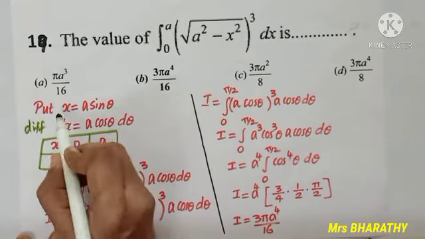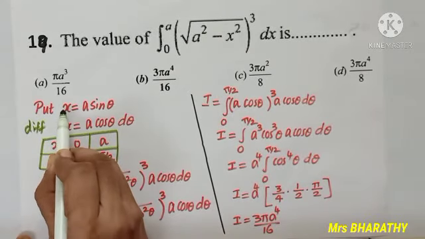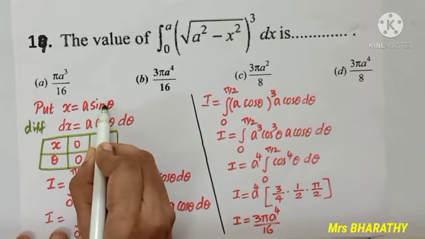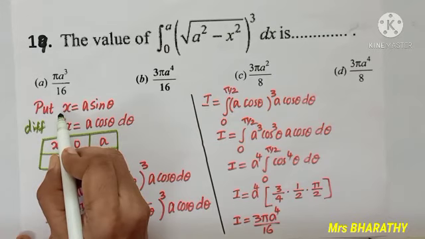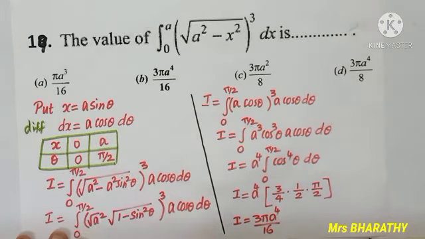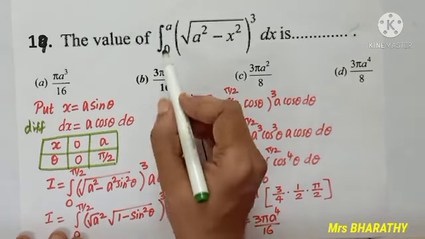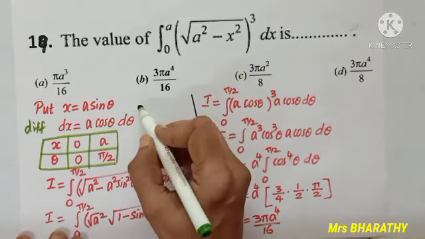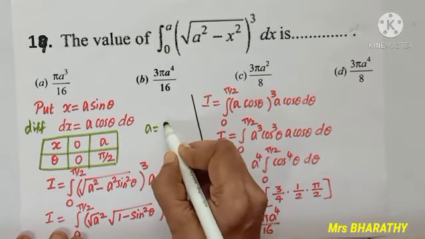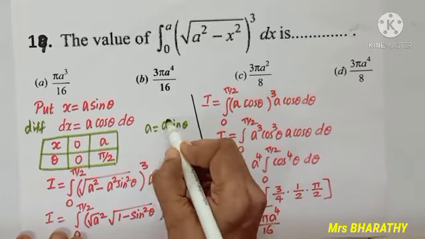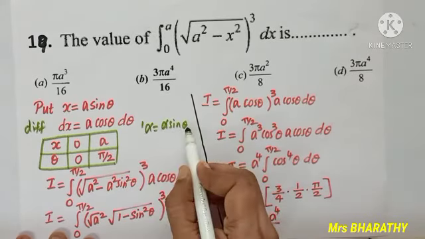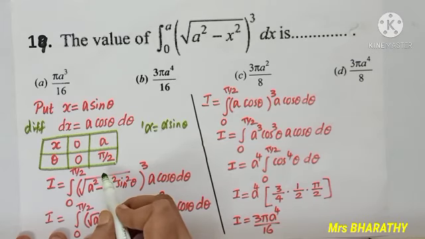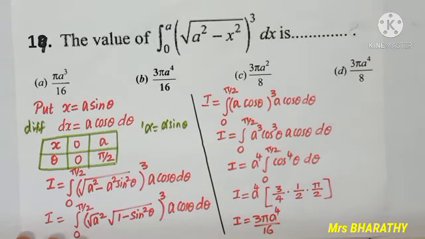When x is 0, sin theta is 0 by a, that is 0. Sin theta 0 tells me theta is also 0. When x is a, a equals a sin theta, cancelling a, sin theta is 1, which tells me theta value is 90 degrees or pi by 2.